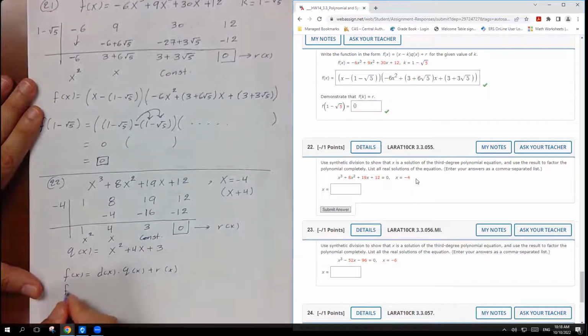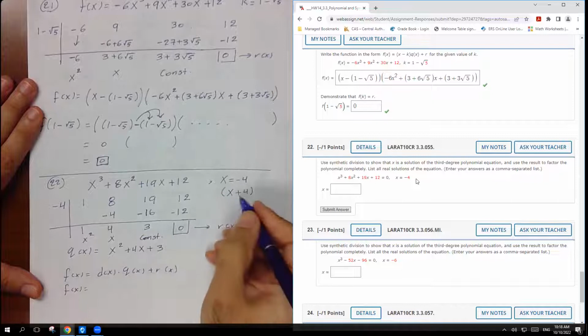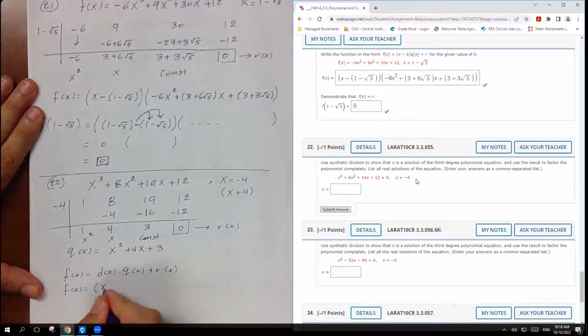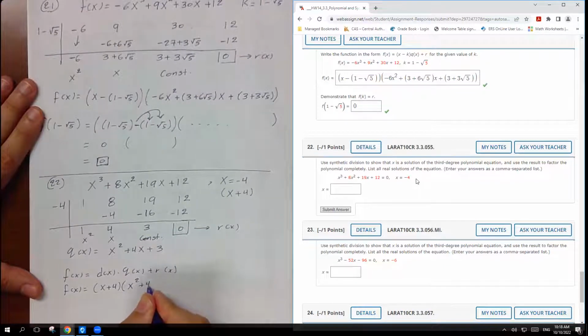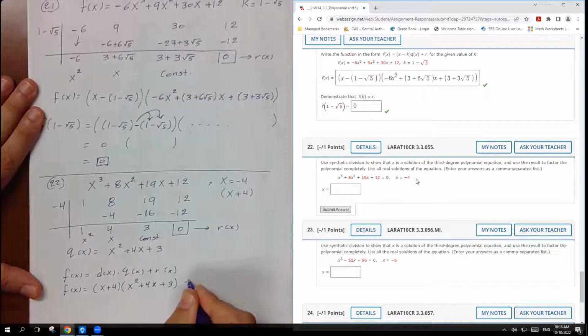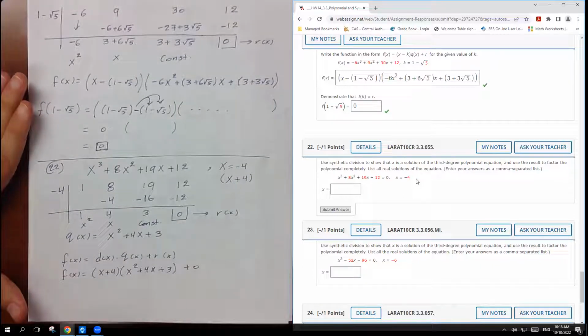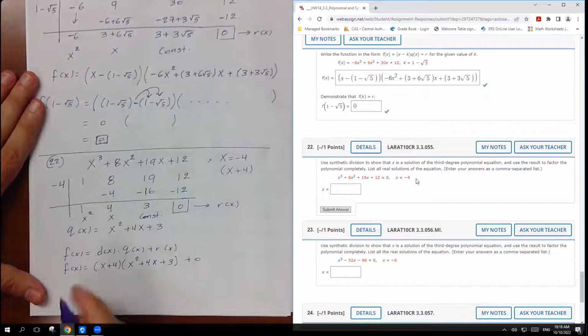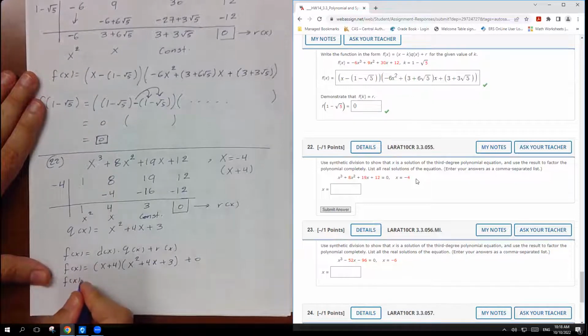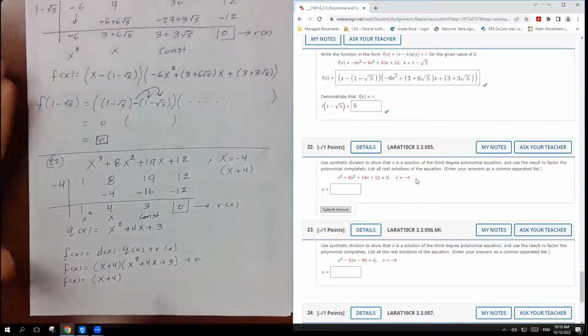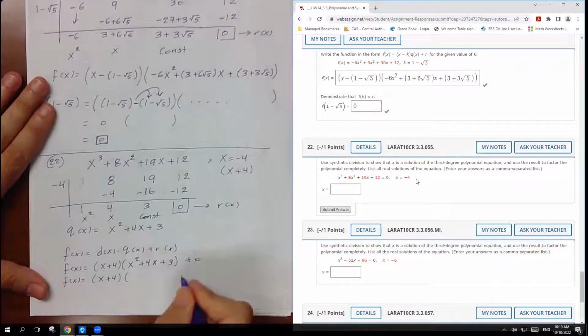F of x is going to be d of x, which is this one, the divisor, so x plus 4, times q of x, which is x squared plus 4x plus 3, plus 0. The remainder is 0. Now we have to keep going to find the solution. So from here, f of x is going to be x plus 4. And this one we can factor because it's a quadratic.